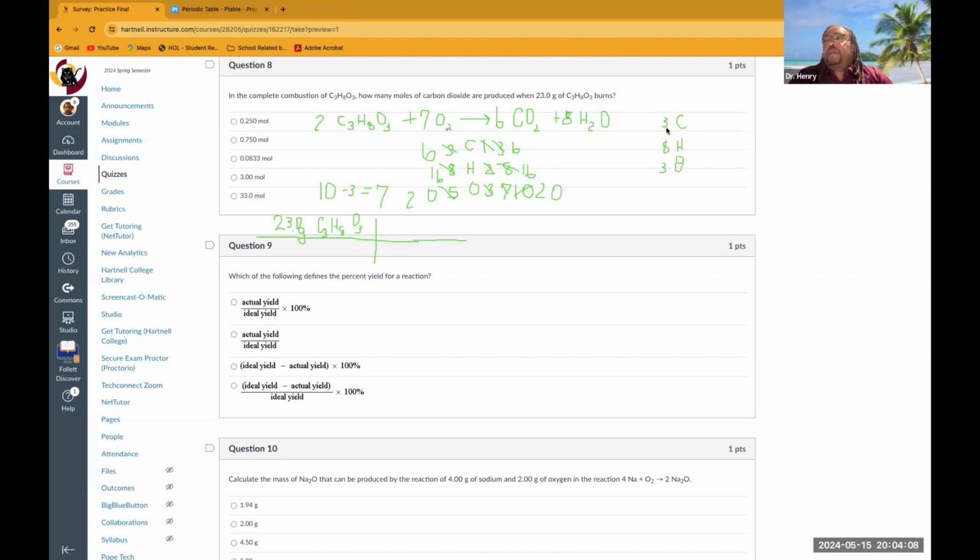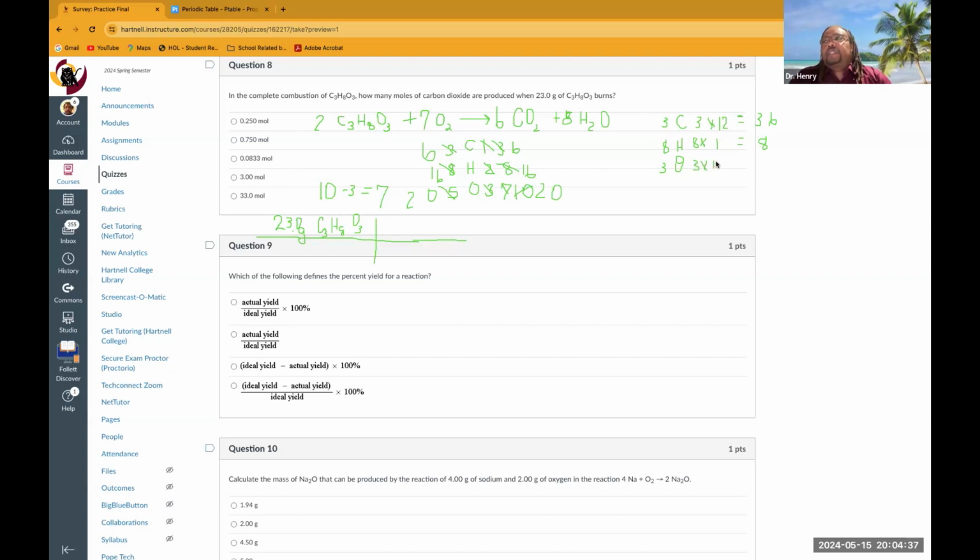We know carbon, so 3 carbon weighs 12. So 3 times 12 equals 36. We have 8 hydrogens. Hydrogen weighs 1. And we have 3 oxygens.